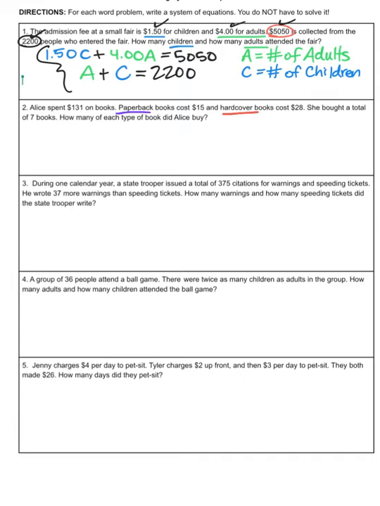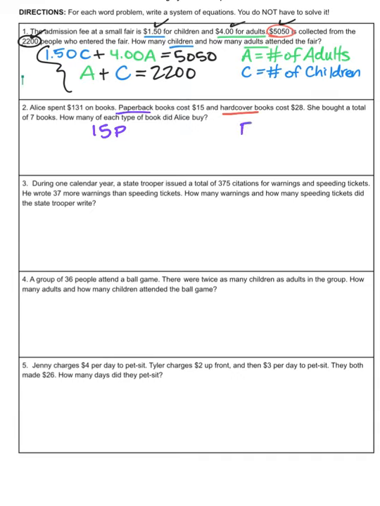So for the first equation, if it's all about money, I know paperback books cost $15. So I would write that as 15 times P. And I just realized I did something very important right here. I forgot to define my variables.